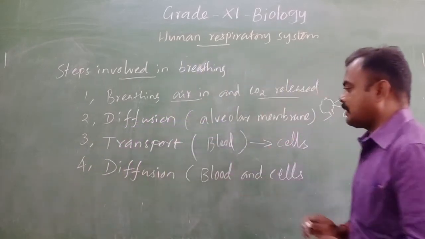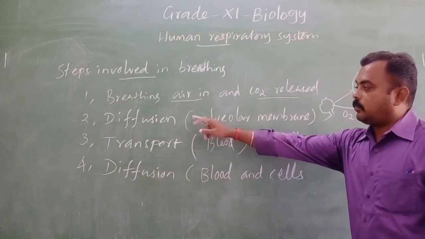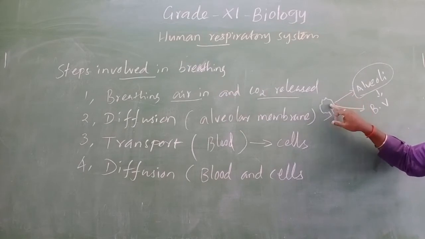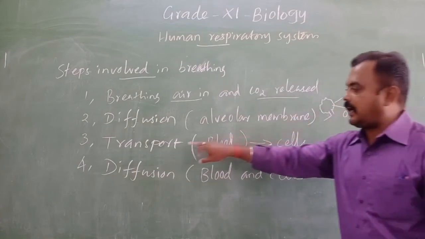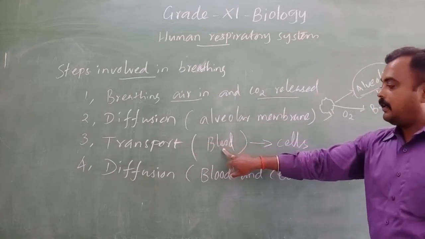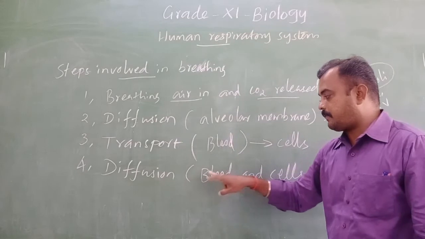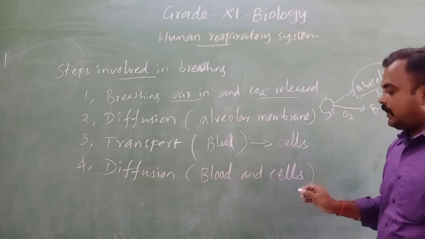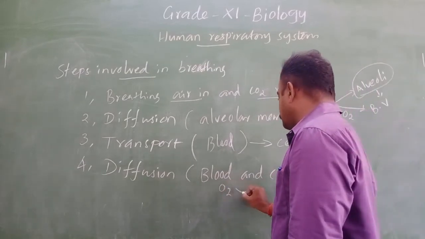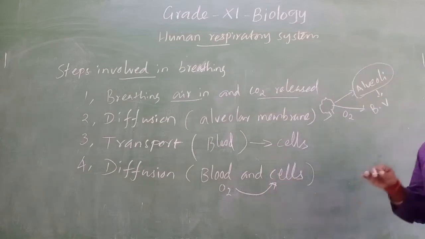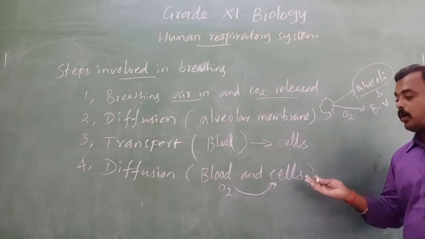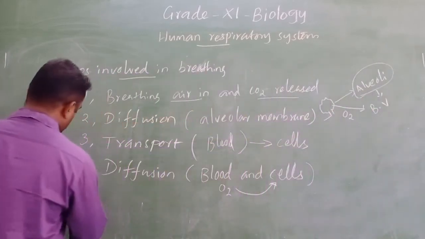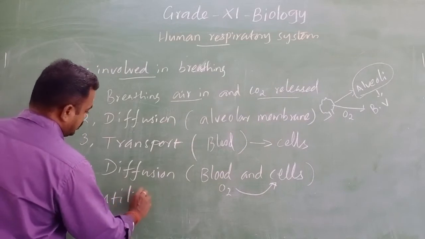So one diffusion happened from the alveolar membrane to the blood vessel. Now transportation has happened, done by the blood. Then the next diffusion is from the blood to the cells. Between the blood and cells, diffusion happens, and only then does the oxygen enter the cell. So now the cell has received oxygen. Next one, utilization.